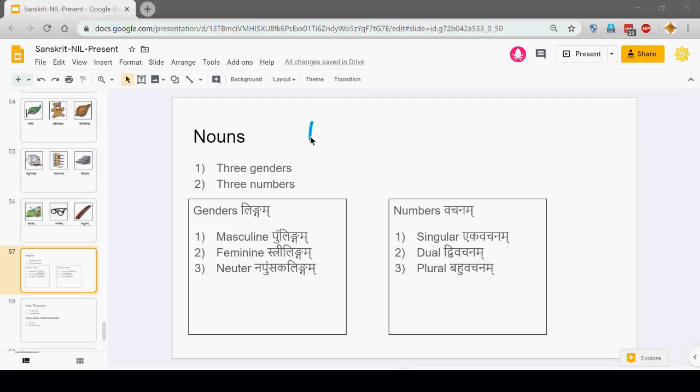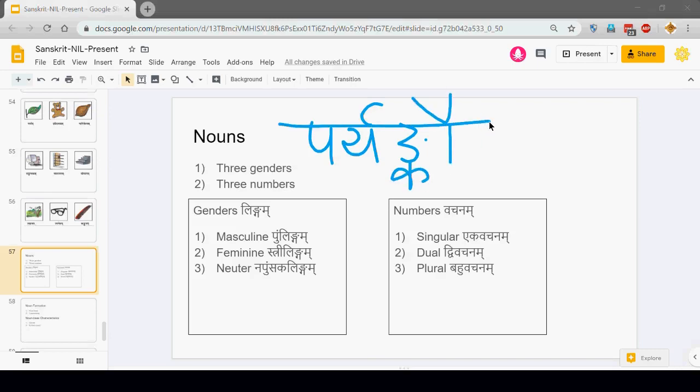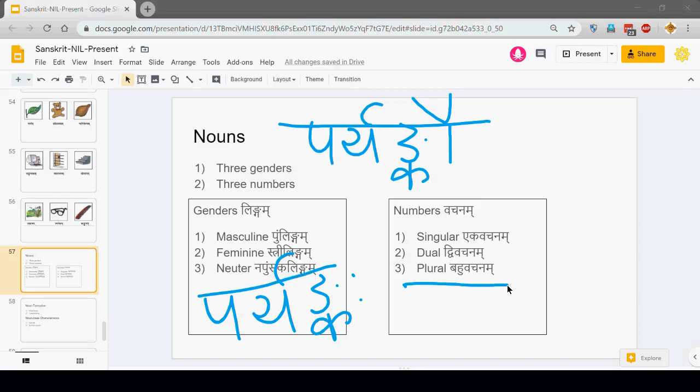If I write it, first you write Paryanka and au, Paryankau. One bed is Paryankaha, two beds Paryankau, and if there are three or more, then we use the Bahuvachana or plural form. So Paryanka, then there is visarga.